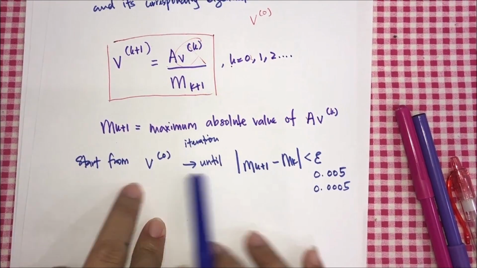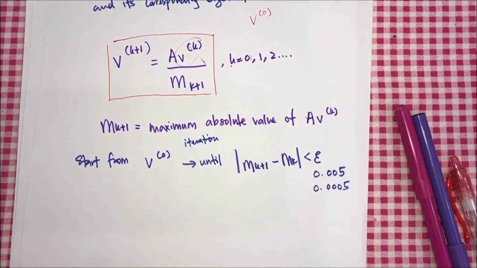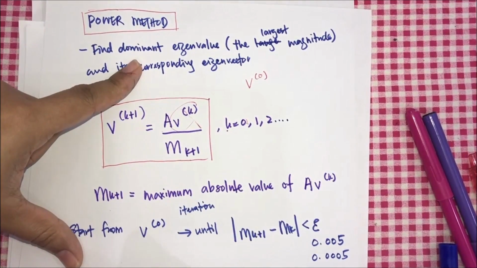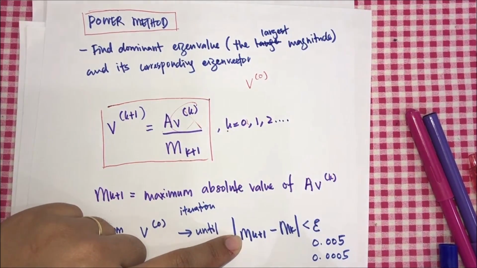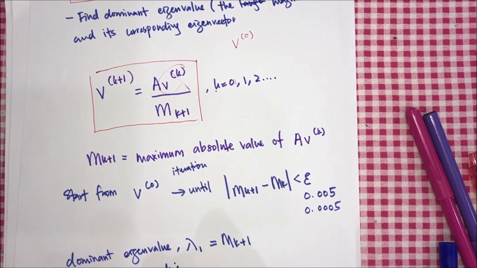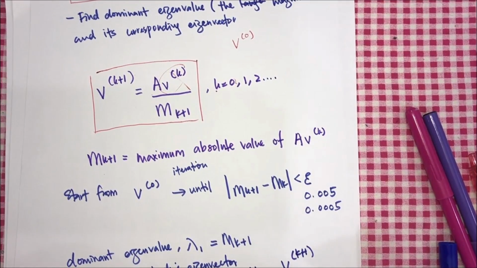After you finish the iteration until this value is less than epsilon, the dominant eigenvalue, lambda 1, is equal to m k plus 1, and its corresponding eigenvector is v1, equal to v at level k plus 1.